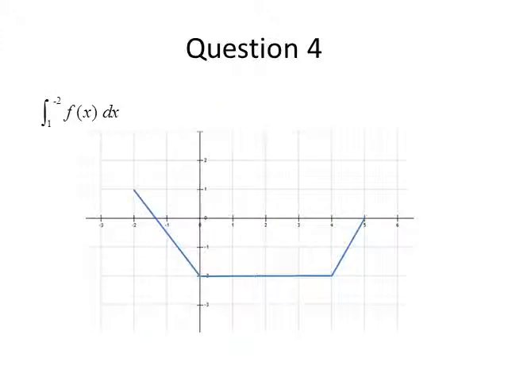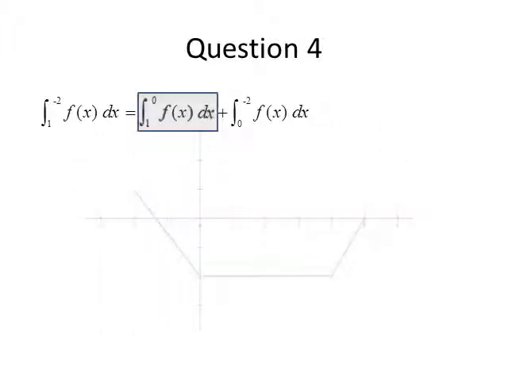Question 4 asks us to evaluate the definite integral of f of x dx from 1 to negative 2. We can write this as a sum of 2 integrals with the breakpoint at 0, where the function rule changes. Now, this first integral we have already evaluated in question 2 and found it to be equal to 2.